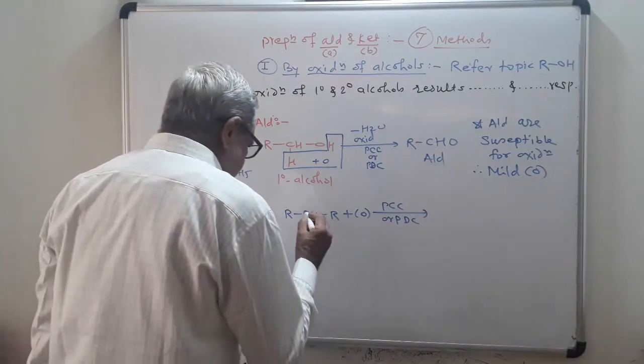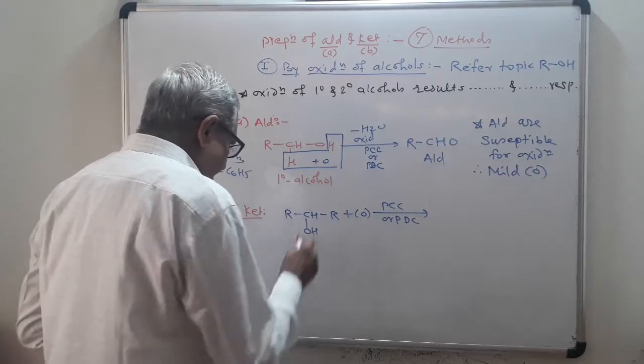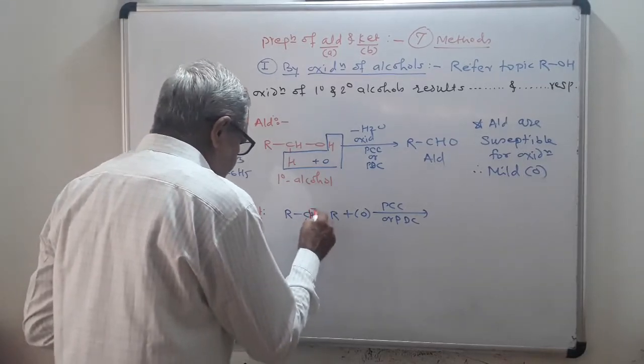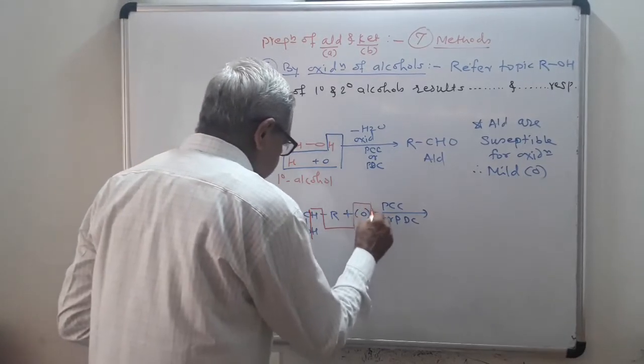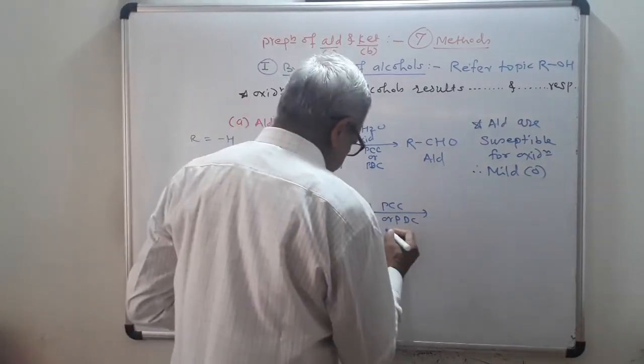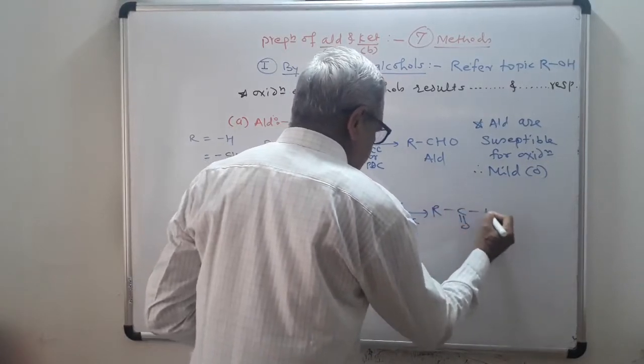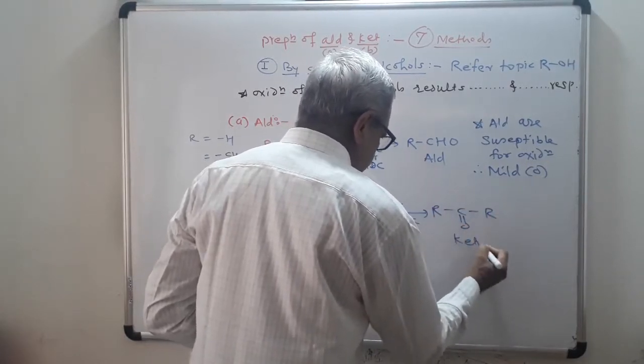During this reaction, one hydrogen from the alpha carbon and one hydrogen from the OH group is removed. So you can remove the water molecule in this way, minus H2O. So what you will get here, R-C=O-R. This is a ketone.